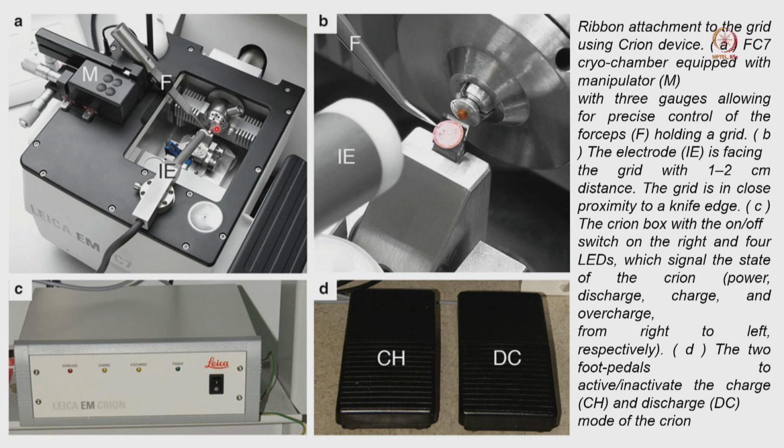When the section is done using this glass knife, we use the grid to collect that small section on top of the grid, and we use that for imaging purposes, either under cryogenic condition or in a dry room temperature condition. It is up to us what condition we are going to image this entire sample.